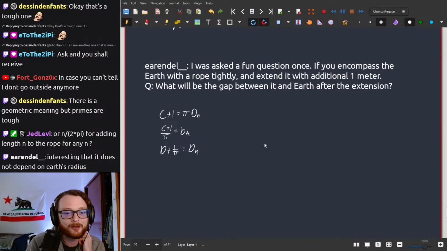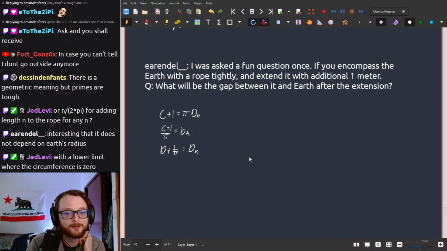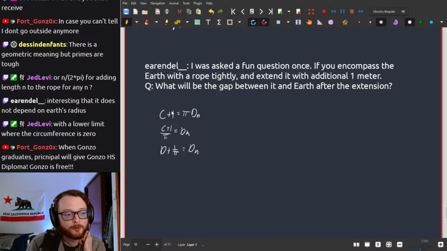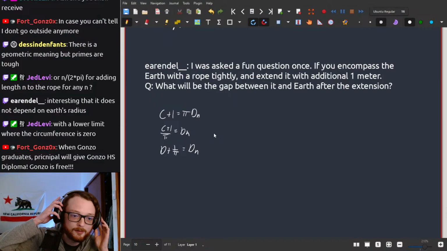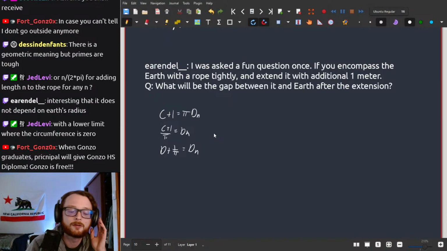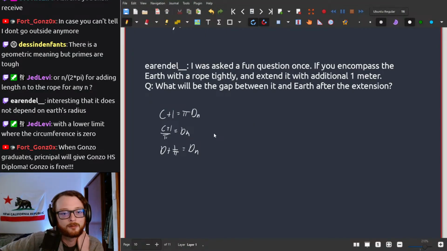That's why I was hesitating so much. I thought we'd have to do something extra. But we have that because circumference is linear with radius. If we were talking about like area, it would have been different. I think that's the key thing here.